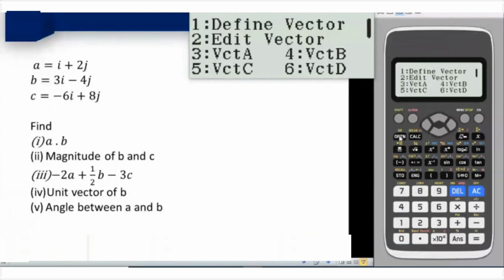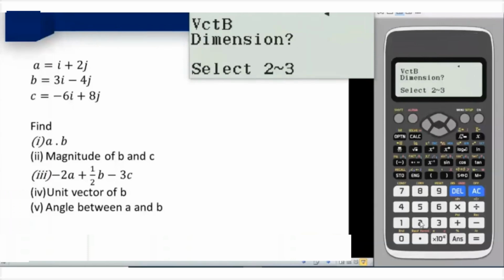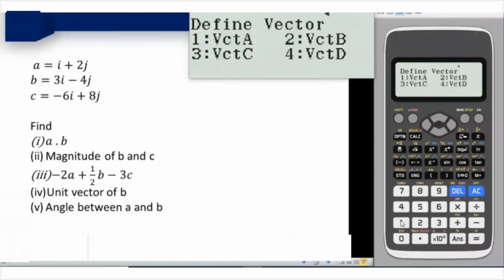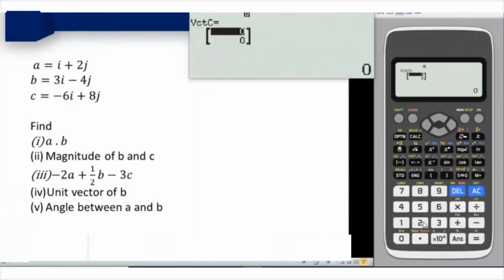It's a 2-dimensional vector. 3 equals, minus 4 equals. And then there is vector C. I will press option 1 to define vector C, a 2-dimensional vector, which is minus 6 and 8.